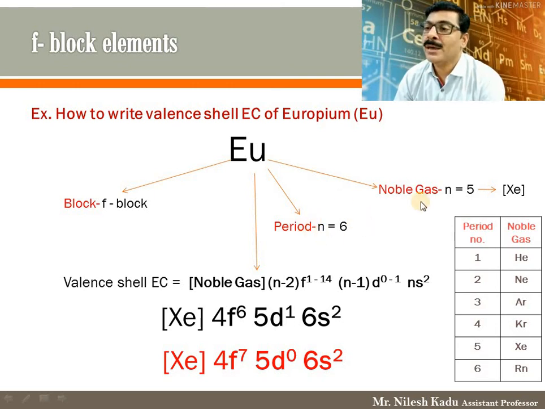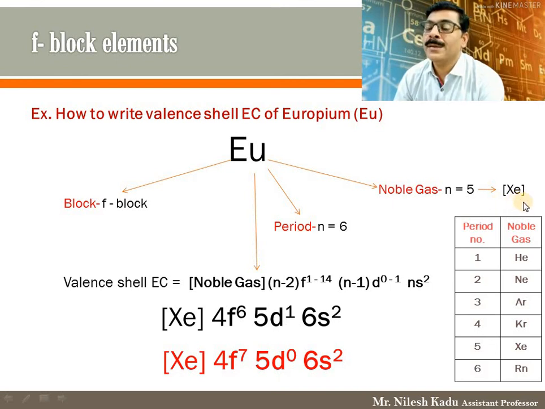So you can select the noble gas from the 5th period, and in the 5th period xenon is the noble gas. So for europium, xenon is the noble gas.